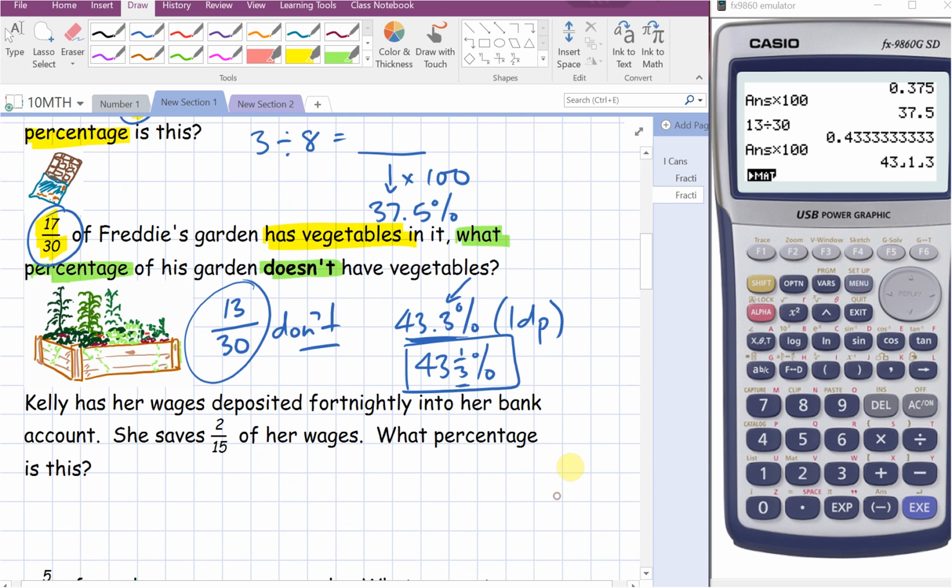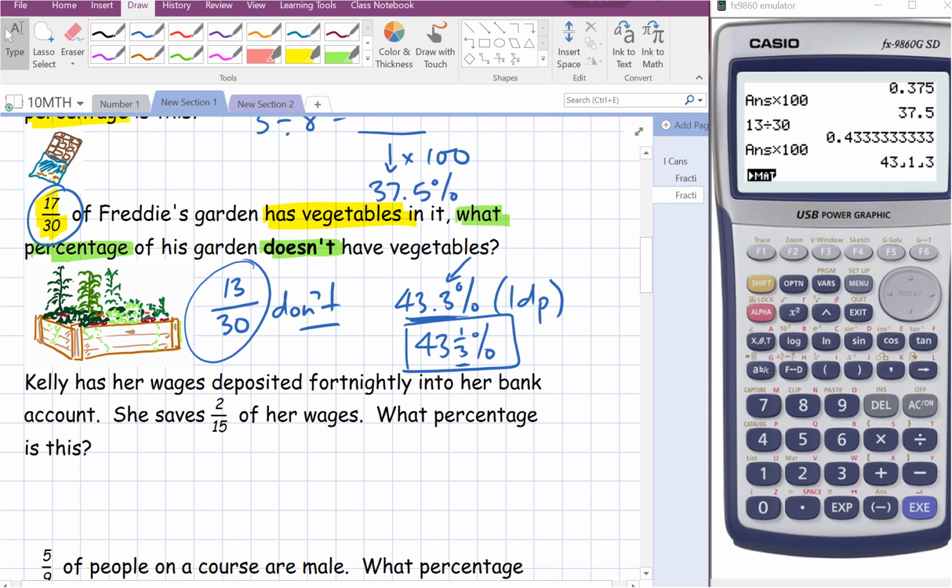Okay, the next one. Kelly has her wages deposited fortnightly into her bank account. She saves 2/15 of her wages. What percentage is this? So 2/15, and we're changing that to a percentage.